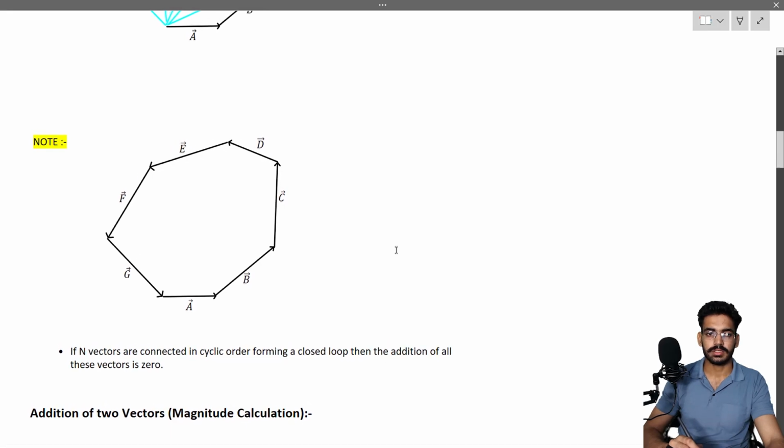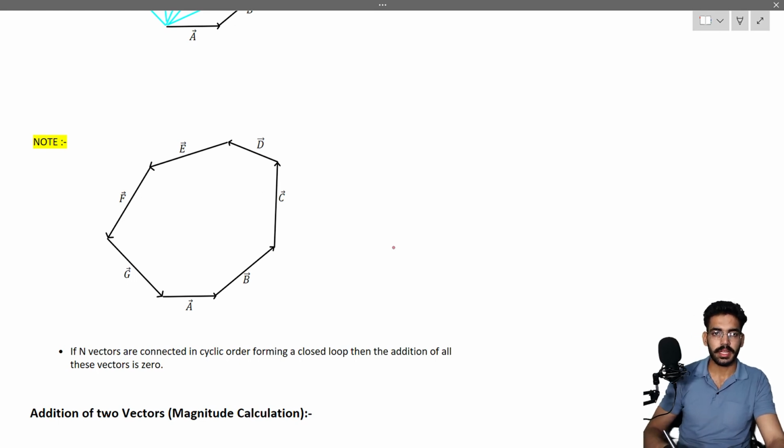What this question, this is a kind of note, is saying is that if you have a cyclic order, going from a, b, c, d, e, f, g, and it came to the same point, then it is a zero vector, starting from the same point and ending at the same point.